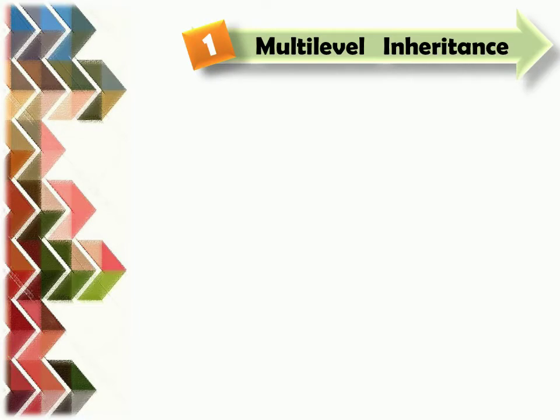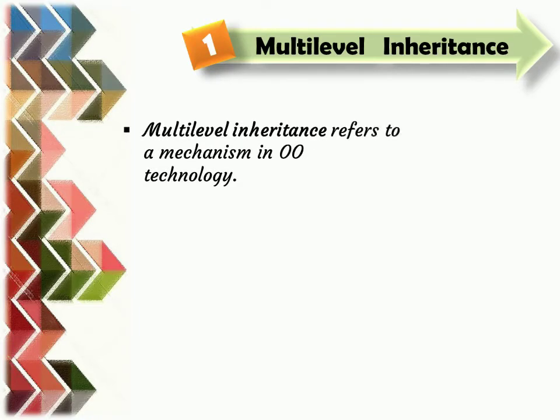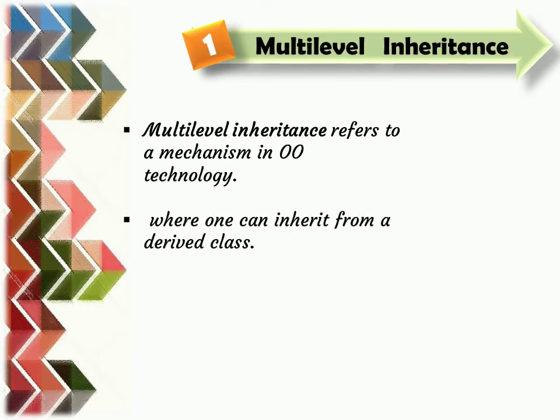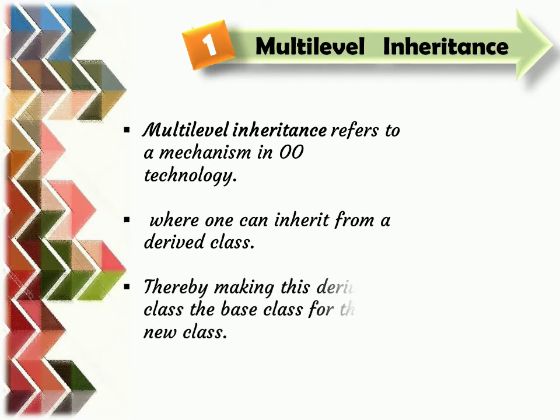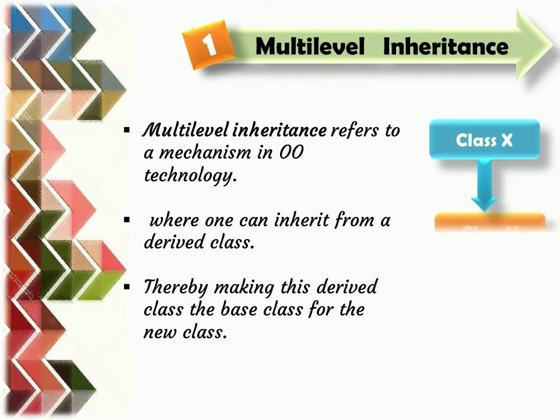Next, we'll move on to multi-level inheritance. It refers to a mechanism in object-oriented technology where one can inherit from a derived class, thereby making this derived class the base class for the new class. So we will see a picture here. Class X is a base class, and class Y acts as a child class, that is, a derived class.